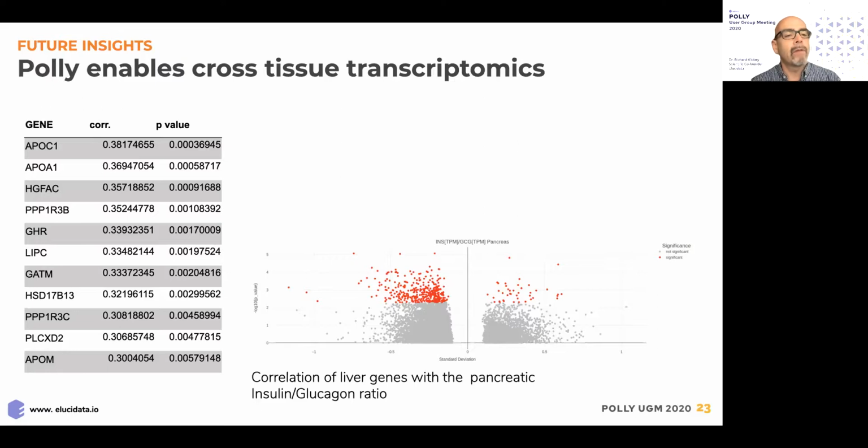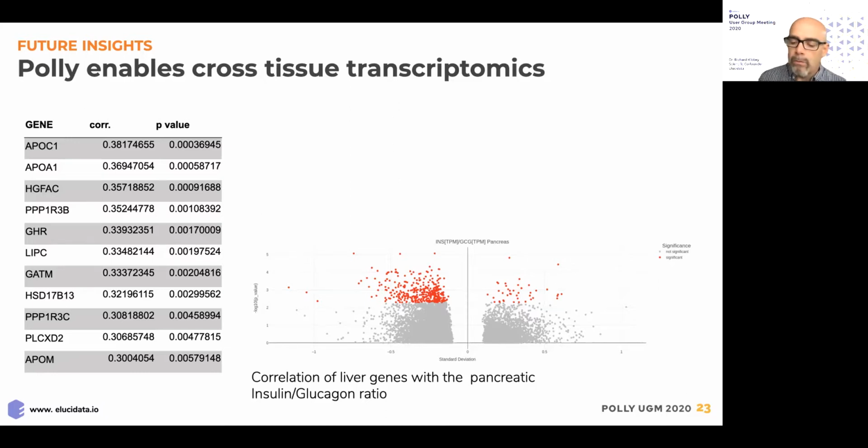A lot of lipid-related genes and other metabolic genes in the liver are correlating with a high degree of significance with the insulin to glucagon ratio in the pancreas. And this is with a relatively small number of individuals. And so we can start to do this with different genes and different tissues and even across the whole database.